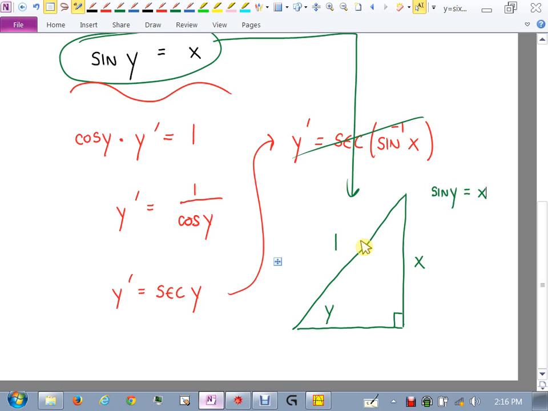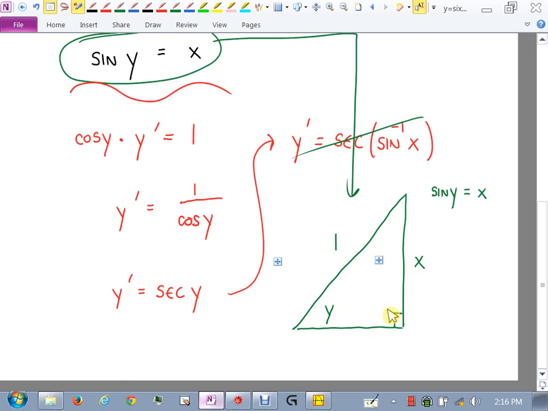What is it that I'm trying to find? Secant of y. What is secant of y? Well, y is our angle. Secant is the reciprocal of cosine? Or if you want, cosine is adjacent over hypotenuse, right? So isn't secant hypotenuse over adjacent? Well, that means you need to know what this side is right here.